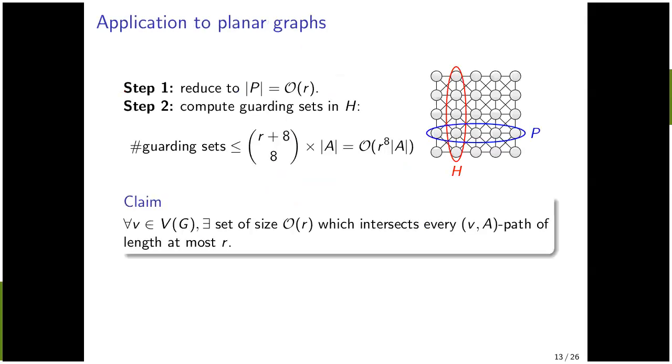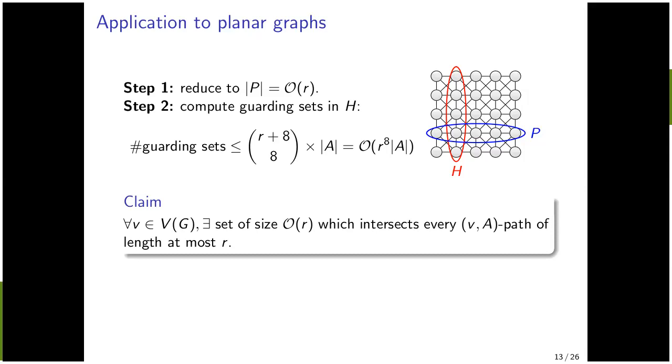So why is it useful for us to bound the neighborhood complexity and more generally the profile complexity? The first step is to reduce to the case where P has size big O of R. And actually, this is not very hard, just because you can cover a path by intervals of size roughly 4R that overlap like this.